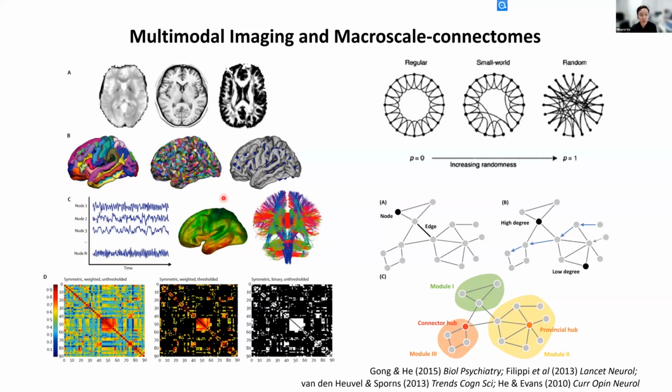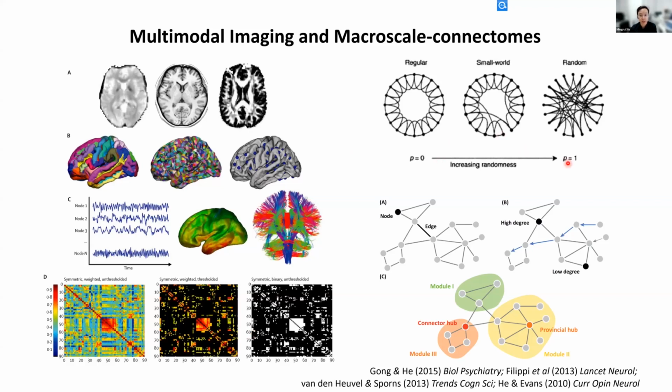By estimating the correlations or fiber connections between each pair of regions, we can construct functional or structural brain network models at the macro scale. Then we can use graph theoretical methods to reveal the architecture of the brain networks.